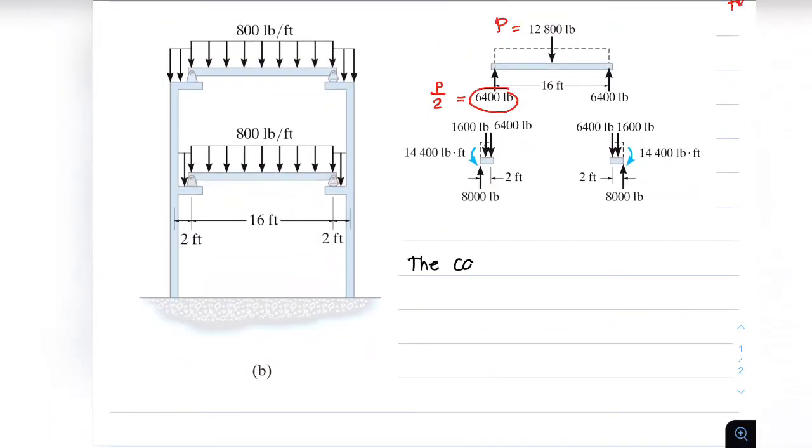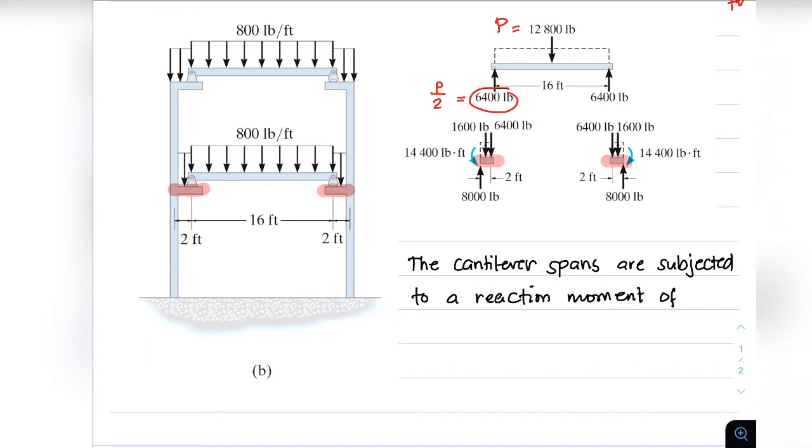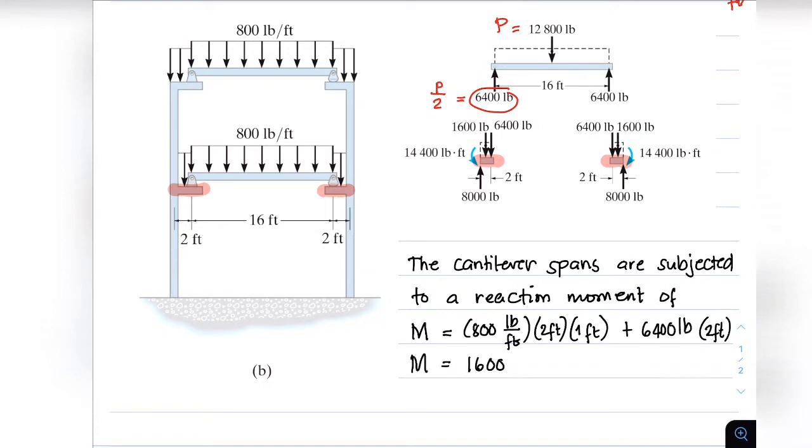The cantilever spans are subjected to a reaction moment of 1,600 multiplied by 1, which is the location of the concentrated load from 800 pounds per foot in the cantilever span, plus 6,400 pounds times 2, which is the reaction from our simply supported portion.